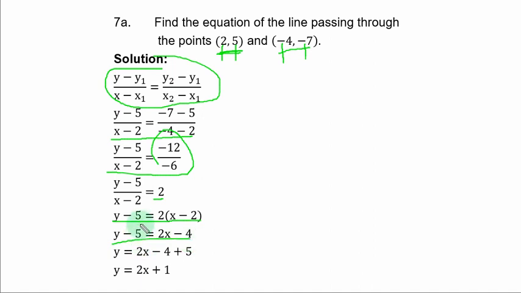So we move this constant to the right-hand side, and you have y equal to 2x minus 4 plus 5, and y is equal to 2x plus 1. That is the form y equals mx plus c.